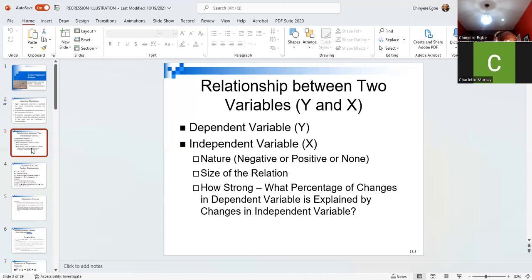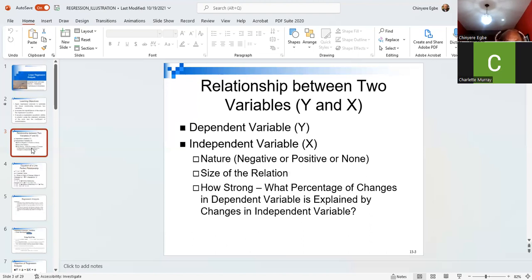So the two variables, wage and years of education, or we can look at wage and years of experience, okay? That is an example of our study of relationship between two variables, which we call regression analysis, okay?